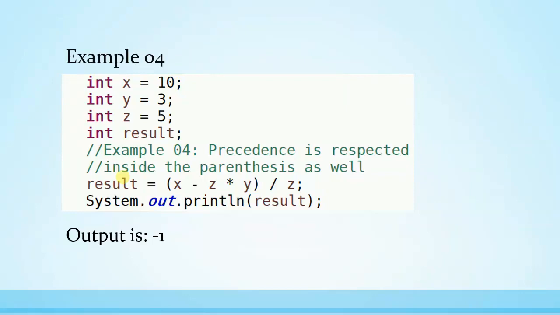So once again, the operator precedence here is: z into y is evaluated first, then x minus the result of z into y. After that, the result of the parenthesis is divided by z. So this is how the operator is evaluated here.